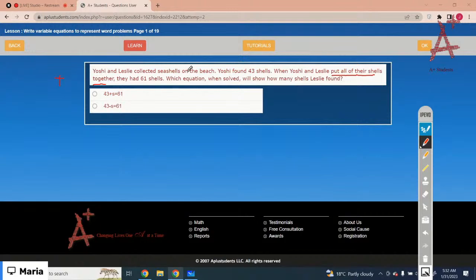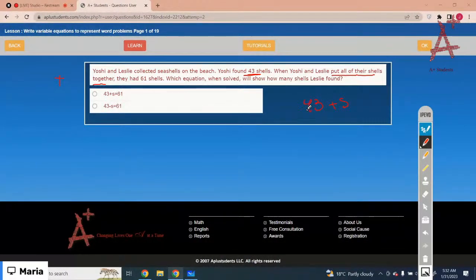Yoshi and Leslie collected seashells on the beach. Yoshi found 43. That means one of them found 43, and you don't know how many shells the other one collected. Let's suppose it is S. Basically, S is the value that is unknown.